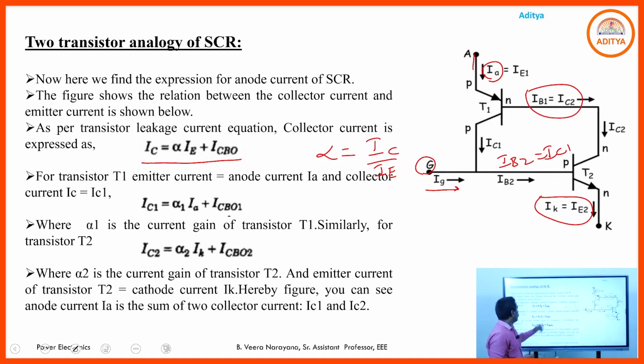So from this, IC is equal to alpha into IE plus ICB0, where ICB0 is the forward leakage current. Similarly, by using this expression for transistor 1, if you want to find IC1, this expression can be rewritten as IC1 is equal to alpha 1 IE1.